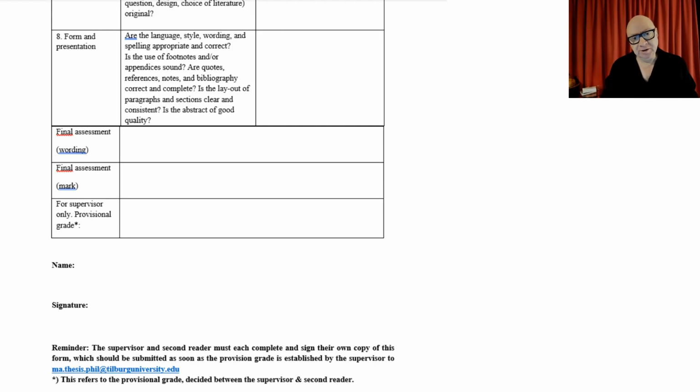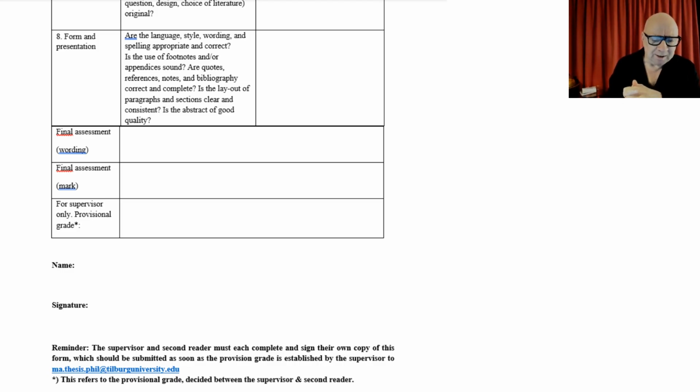Of course, you need to take a look at your language, your style. You have to choose a reference and quotation style. Did you follow the rules correctly? If not, of course, if it's really bad, then the thesis will not be assessed anyway. But you could also have followed the rules not very coherently every time.